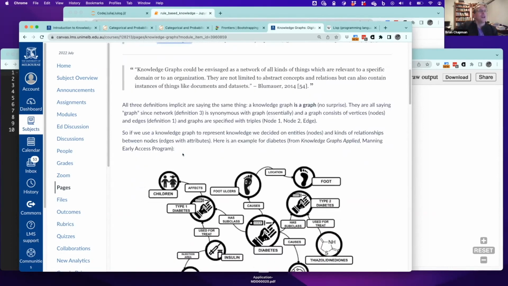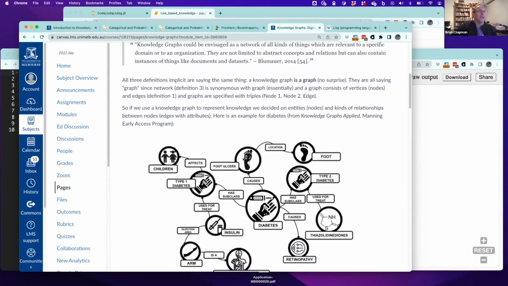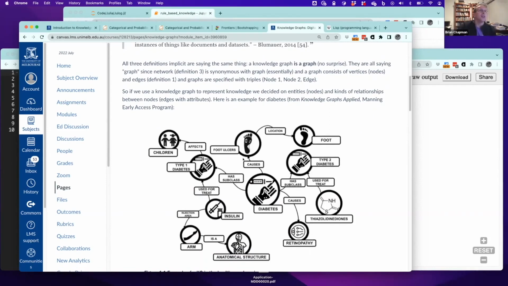In addition to these abstract concepts, the knowledge graph would actually include links to specific papers about diabetes management. So this knowledge graph is a way of collecting everything together.